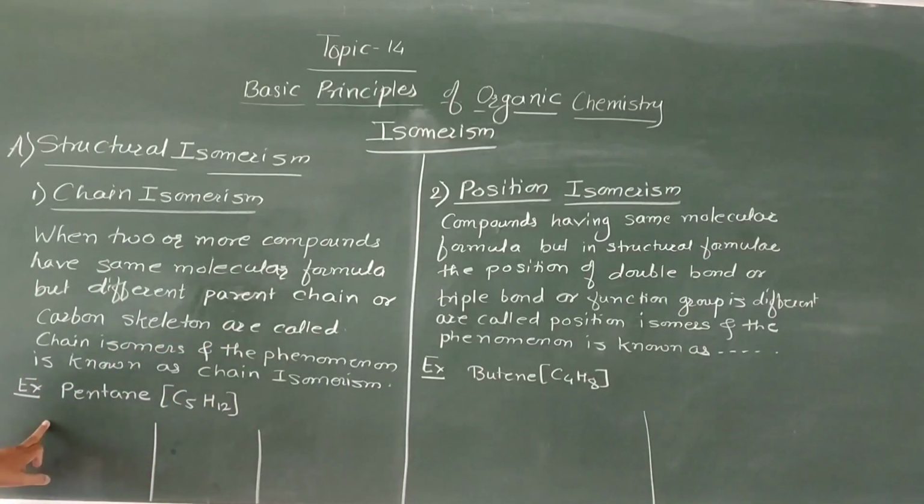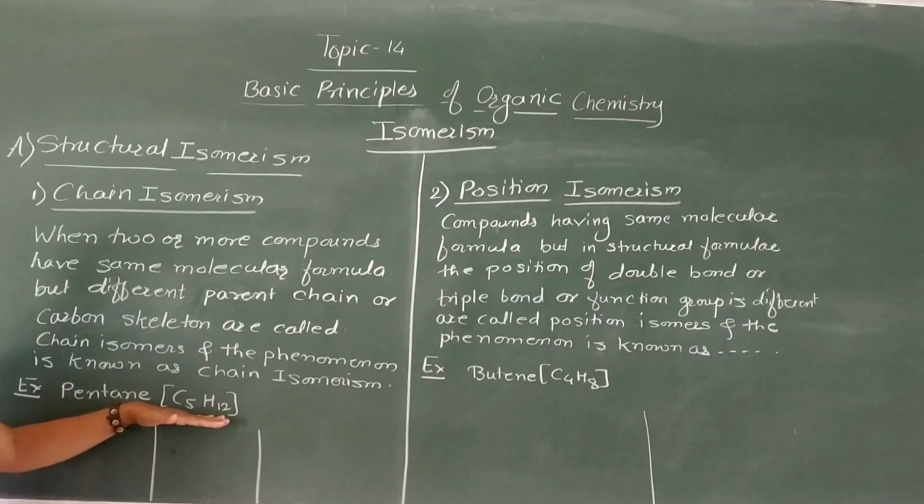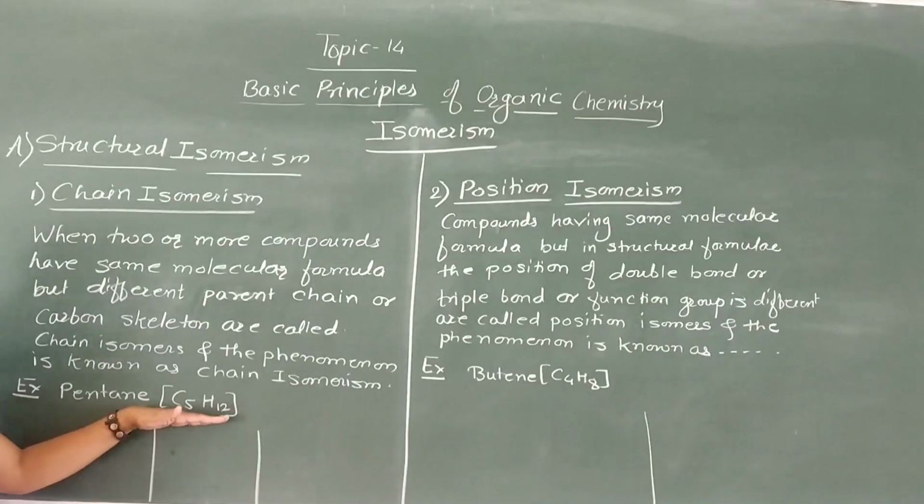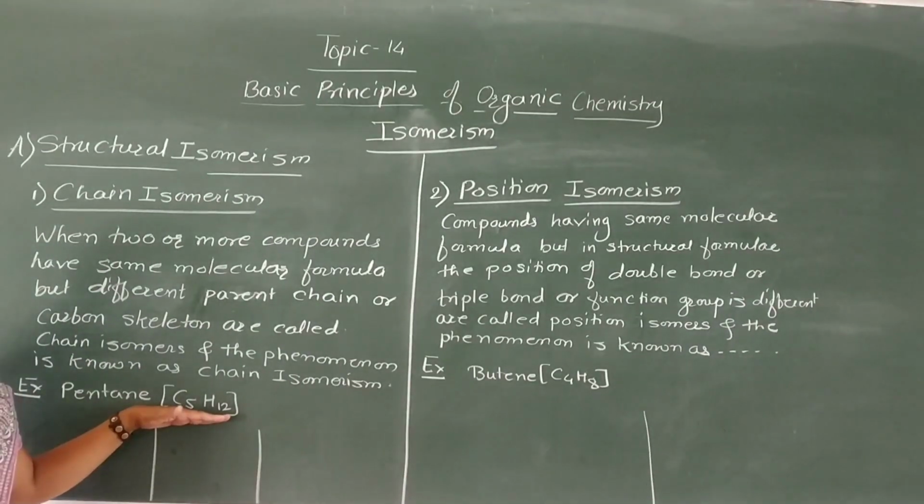Now here we are going to understand this type by using the example of pentane. The molecular formula of pentane is C5H12. Now there are three structural isomers or chain isomers of pentane.